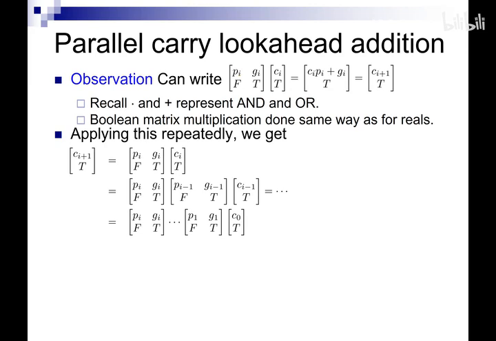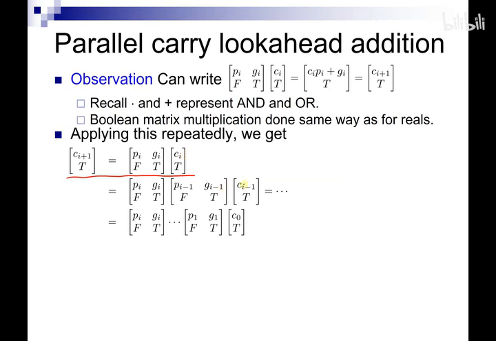And now you can actually do this multiple times. We know that we have this relationship, but ci true is also equal to the i minus first carry bit, multiplied by the p and g values from the i minus first bit. Then you're going to get the ith carry.